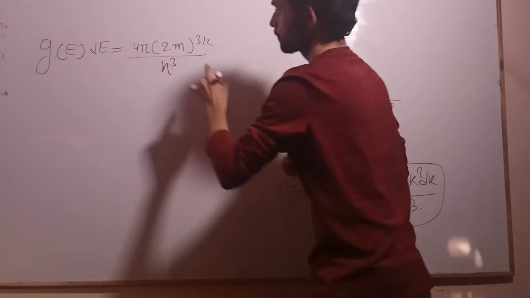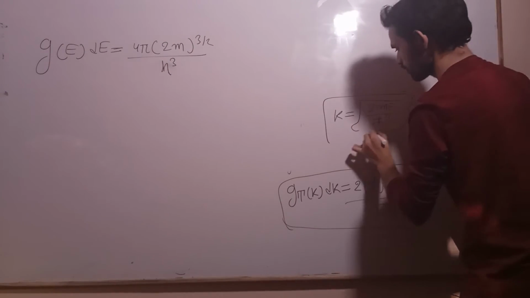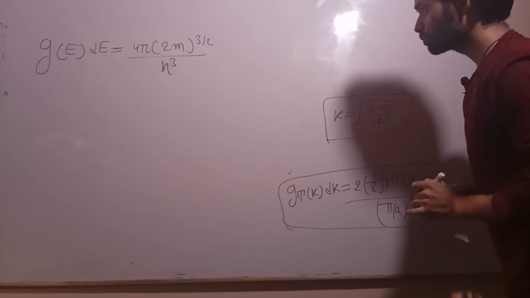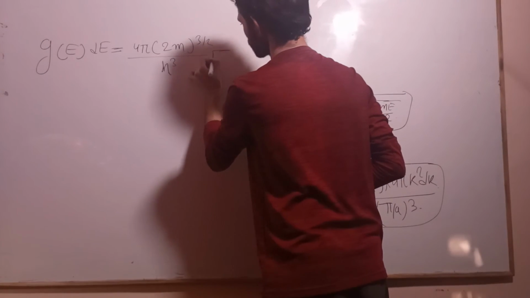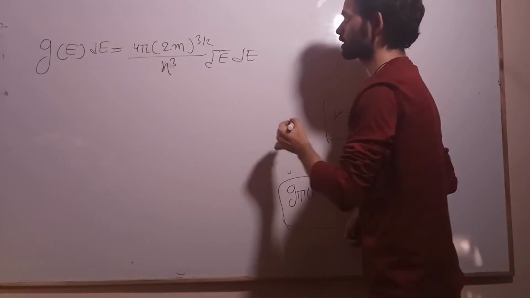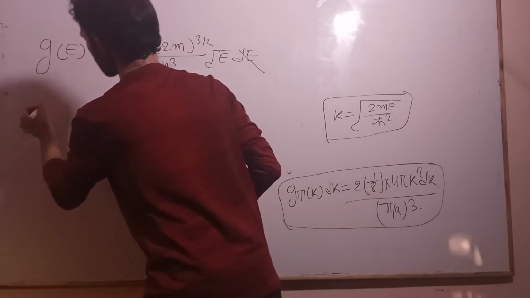Okay, so we will get this when we put this value of k, and then we will get this value into root E dE.